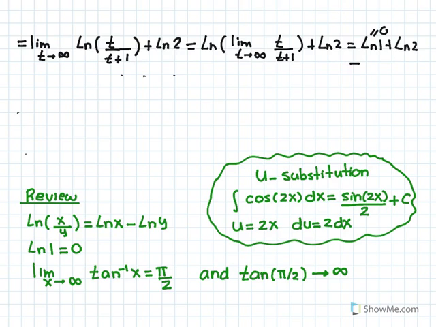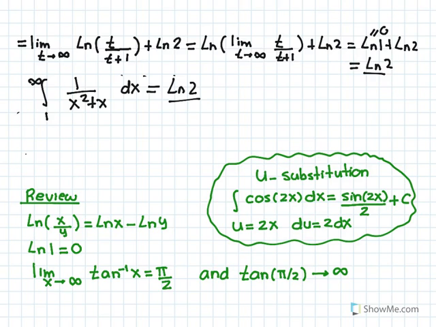Log 1 is 0. The answer is log 2. So the integral from 1 to infinity of 1 over x squared plus x is going to give us log 2.